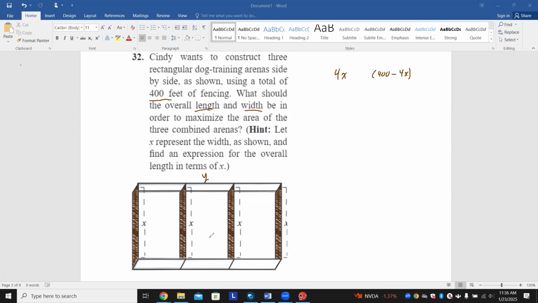So if we call this y, we call this y. In terms, this would be 400 minus 4x. Then I have 2 of them, so I'd cut that in half.